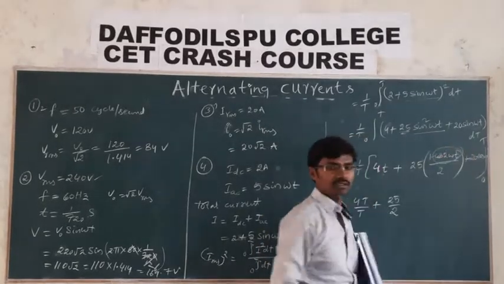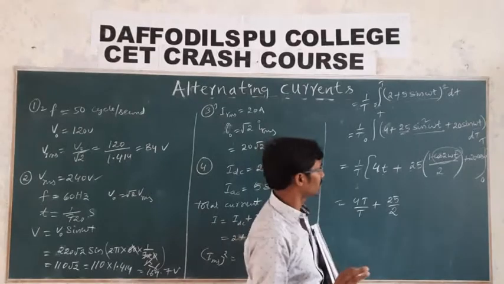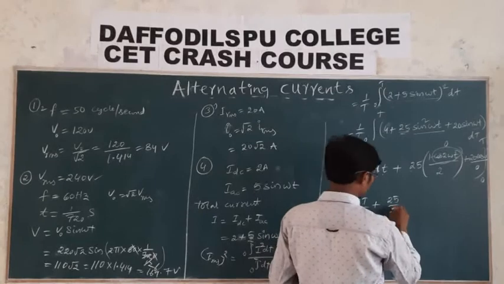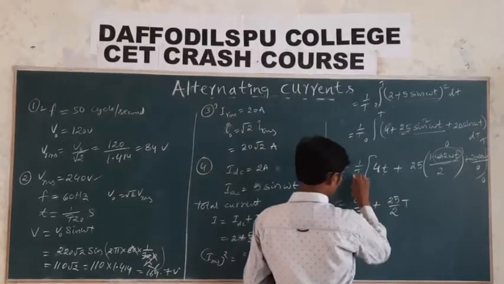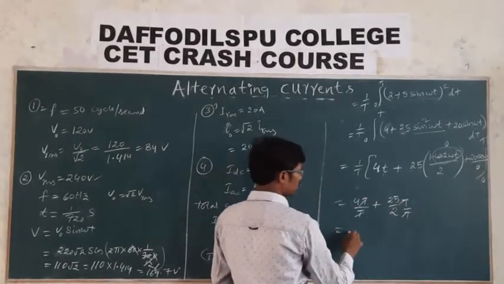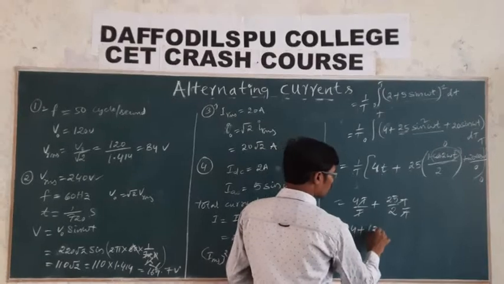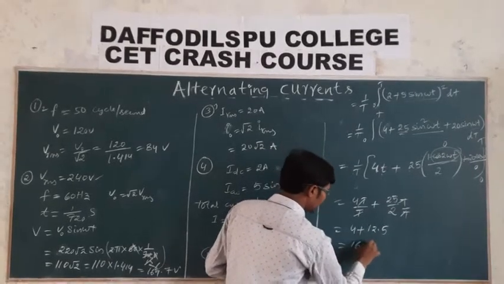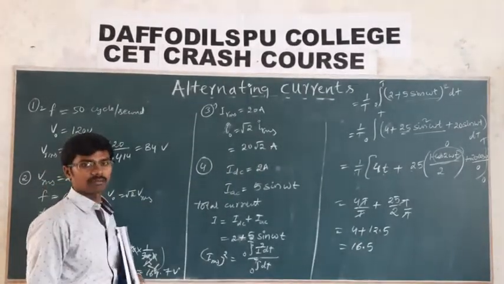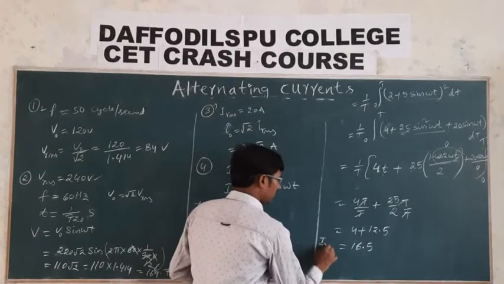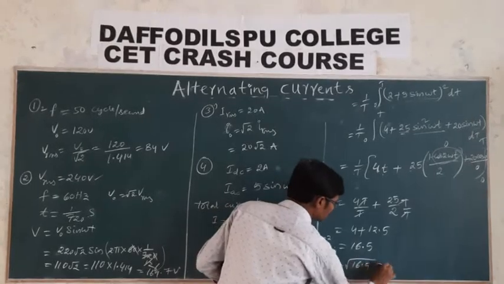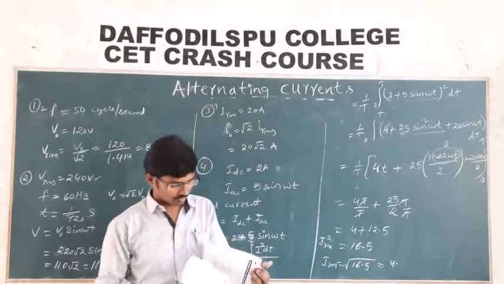The average integration of cos 2 omega t becomes 0, and the sin omega t term also becomes 0. Then only 25 by 2 into T remains, so T cancels. Then 4 plus 25 by 2, that is 12.5, equal to 16.5. That is not I_RMS; I_RMS is root over 16.5, which is 4.0 something.